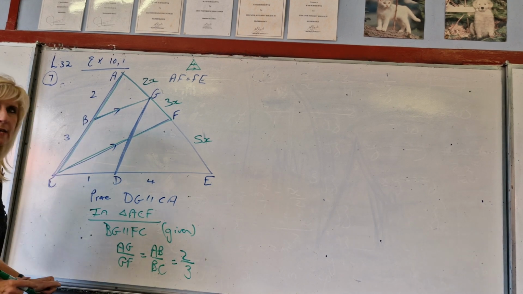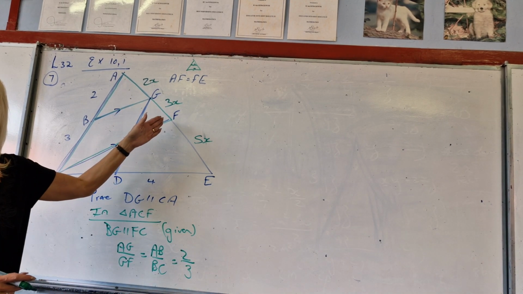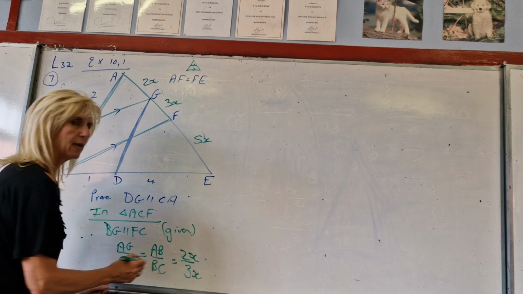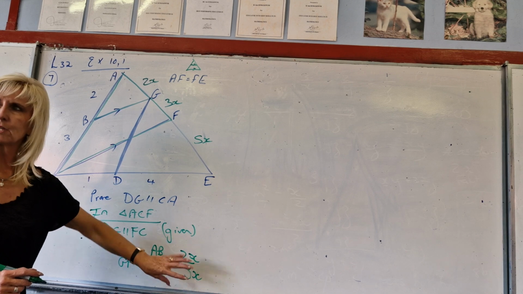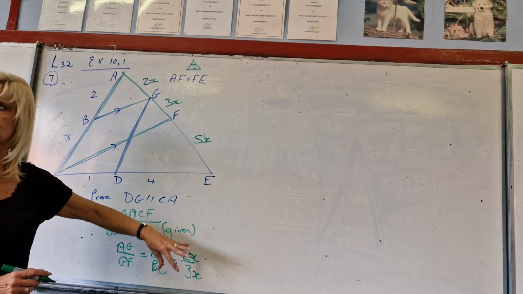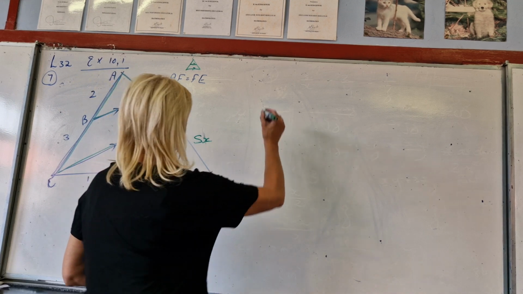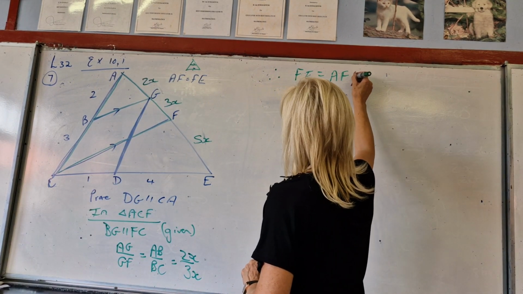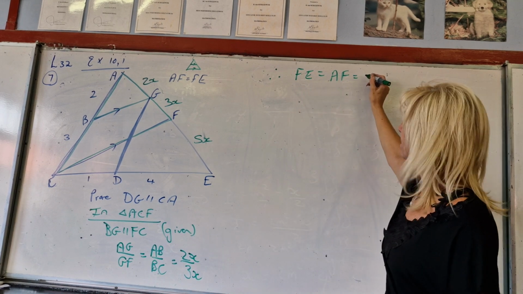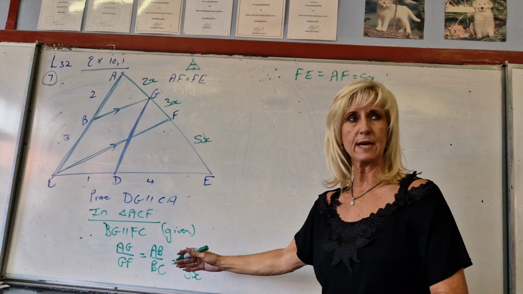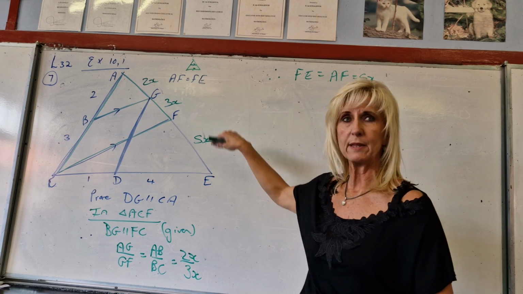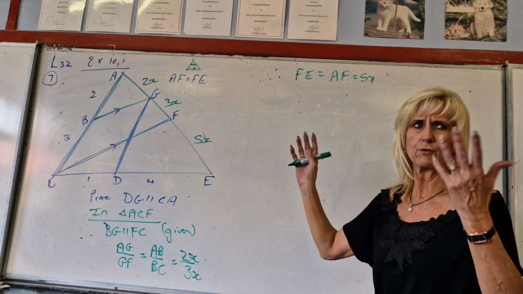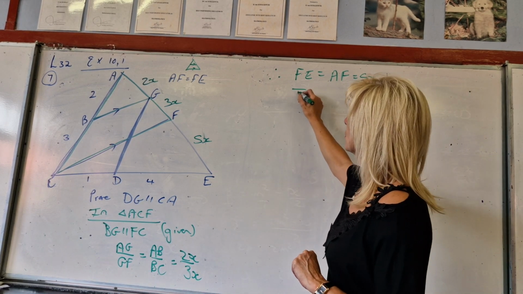And now even more than that, so that the person marking my test can see, I have called these 2x and 3x. It's not necessary here, but it's just to focus them on what's going on your sketch. And therefore, FE must be the same as AF, and that's now going to be equal to 5x, because they can follow what I've done here. 2x and 3x to get me the 5x. Are you with me? What's the reason? There's no reason.